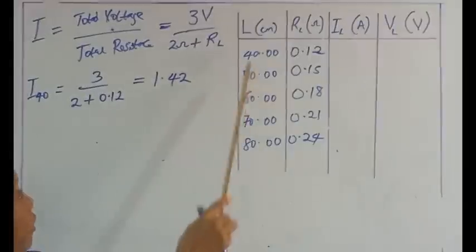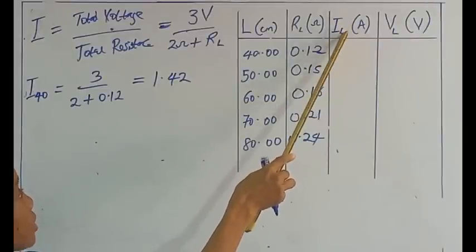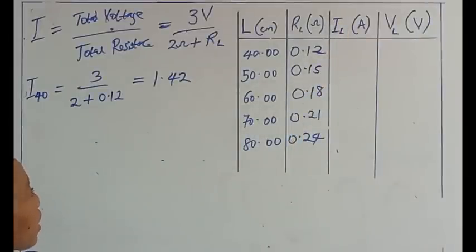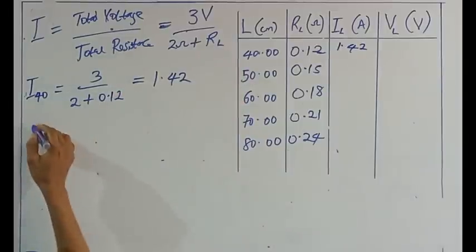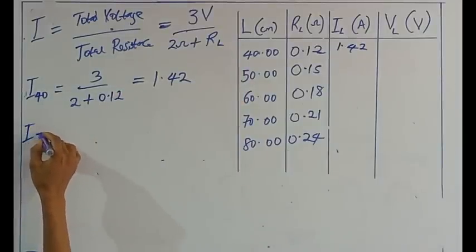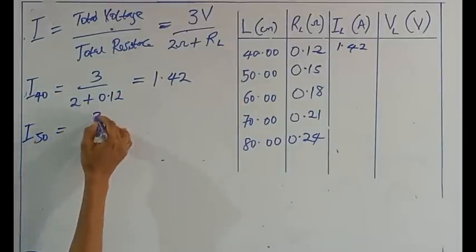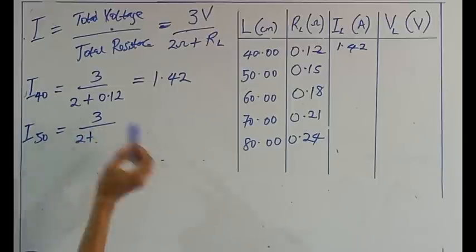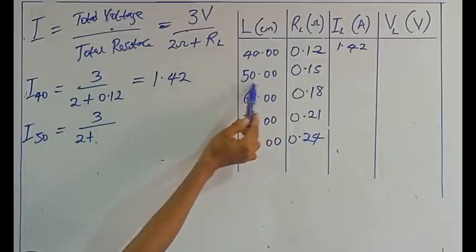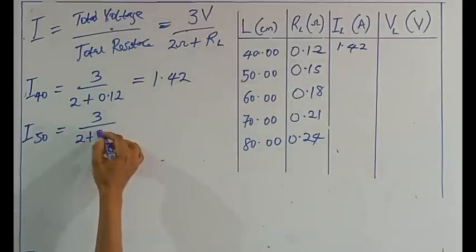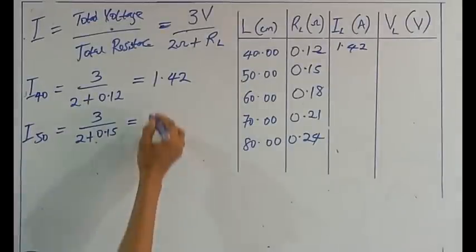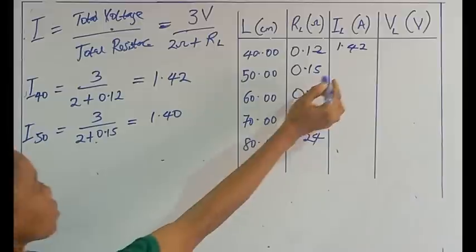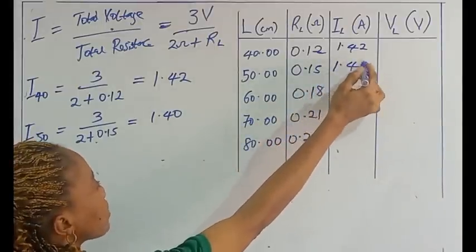So we'll fill up the current when the length is 40 as 1.42. Okay. For 50, we'll have 3 over 2 plus RL when it's 50, which is 0.15, so that we'll get the current to be 1.40. So we'll have here 1.40.